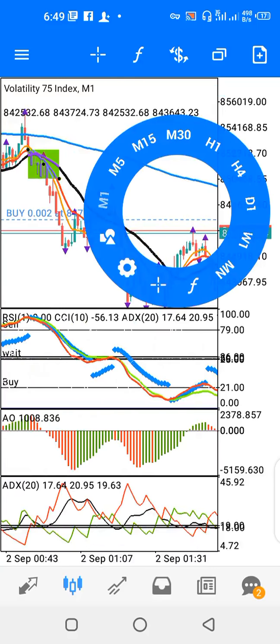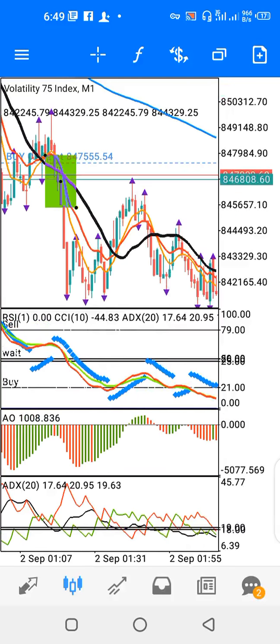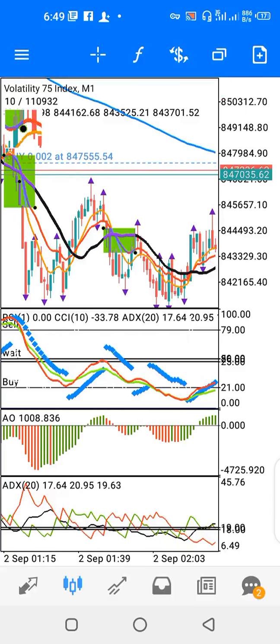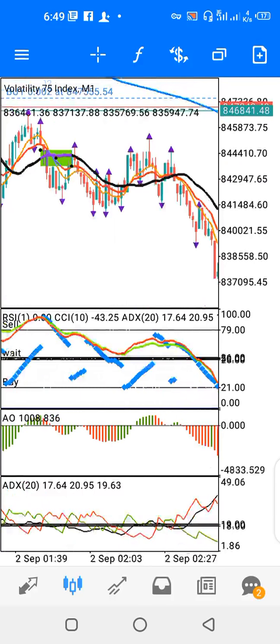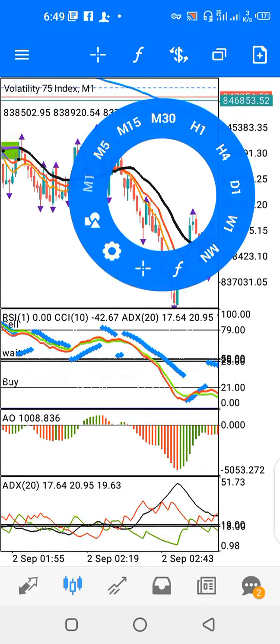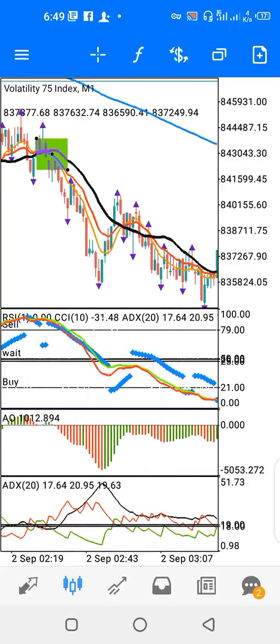And this is another sell signal, where the red and the orange moving averages cross below the black, while all moving averages are below the blue moving average. So that's your sell signal.